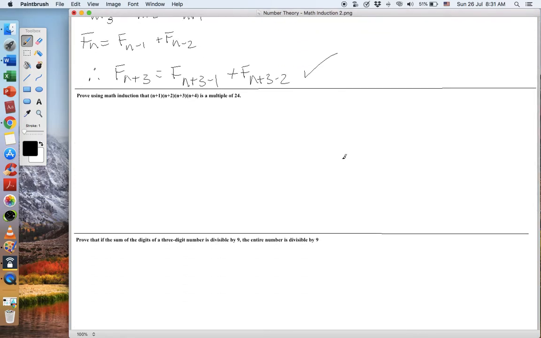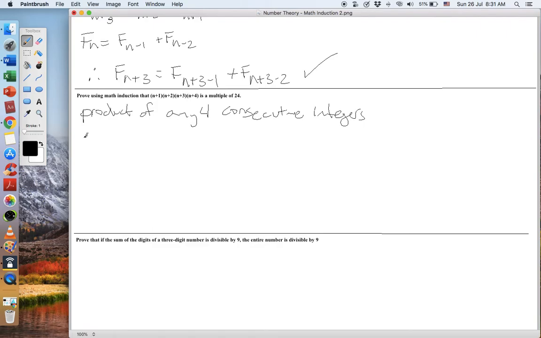Right, next, prove using math induction that the product of these 4 numbers is a multiple of 24. Well, we've got the product of any 4 consecutive integers. Right, because if we've got some constant n plus 1 plus 2 plus 3 plus 4, that's just the product of any 4 consecutive integers.